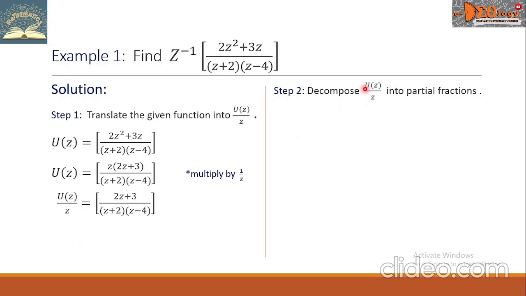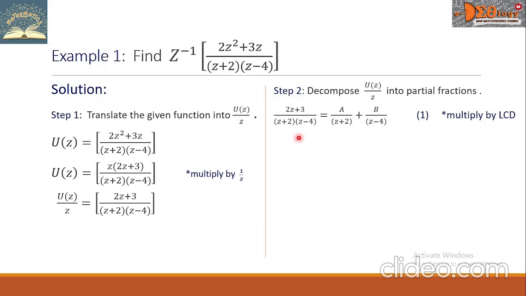Decompose the function U with respect to Z over Z into partial fractions, meaning the fraction here is equal to A over Z plus 2 plus B over Z minus 4. This is our equation 1. From here, let us multiply by LCD.